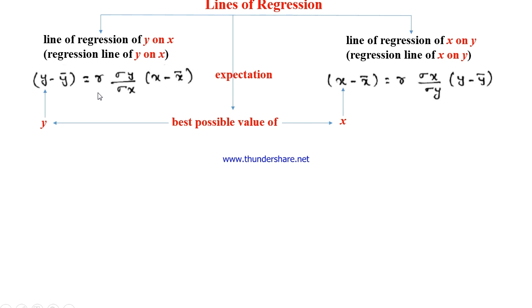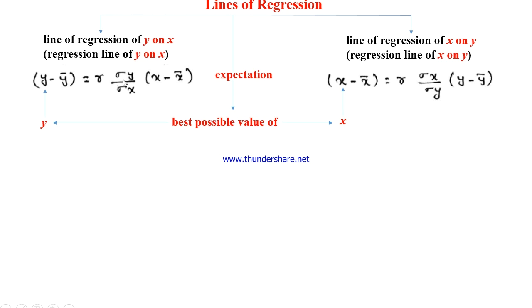Observe these two equations carefully. These two are made up of the same two variables x and y, and the same numerical constants: sigma x, sigma y, x bar and y bar. And we know x bar and y bar represent the mean values of x and y respectively.